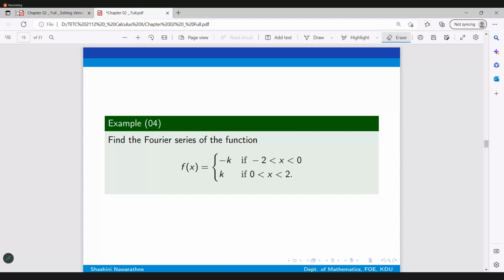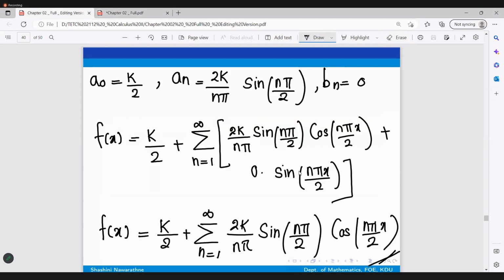Okay, let's do this then. Example number 4.